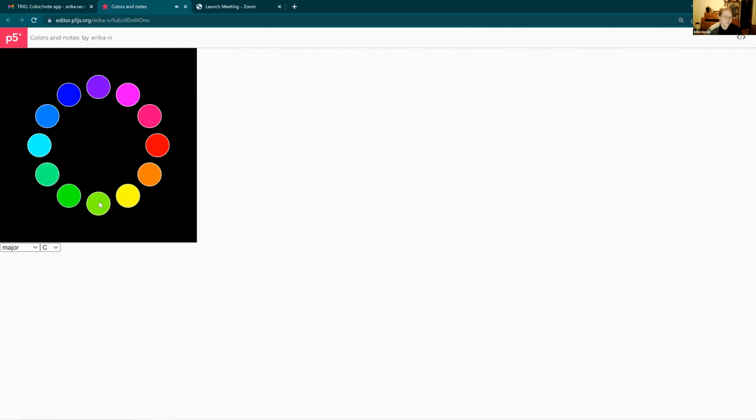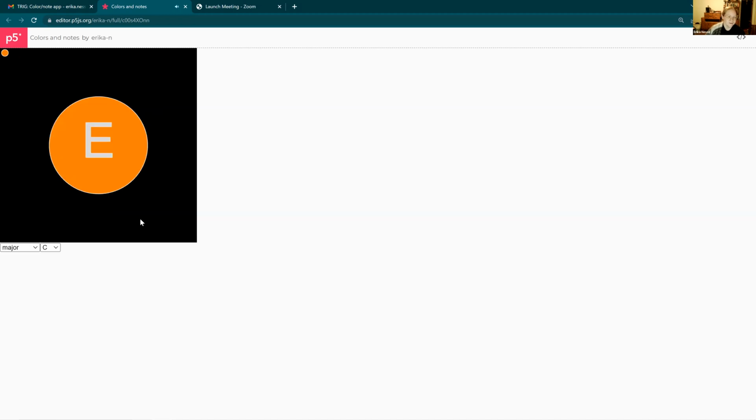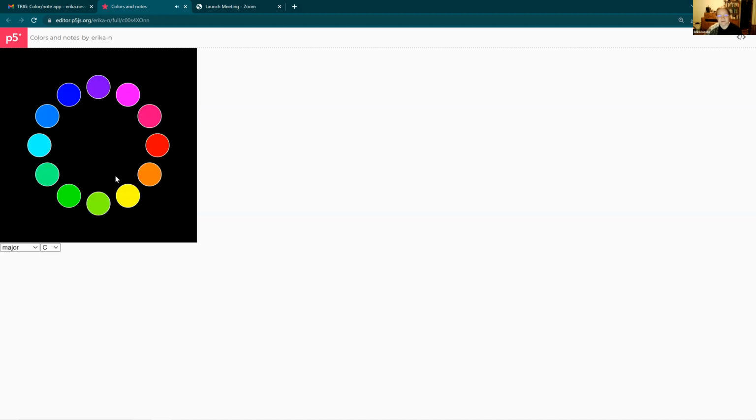So I've been playing around with this for a while. I actually did not develop synesthesia, but I developed my own little way of memorizing what the notes should be around the circle. Now I'm getting them all wrong.